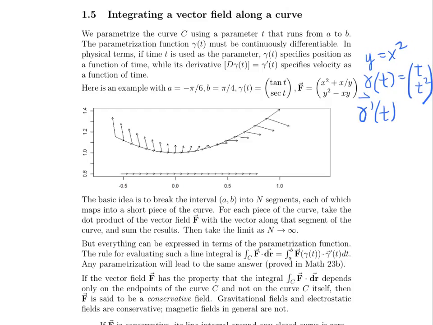So when we want to dot the vectors in the vector field with the direction of the curve to see if it's pointing in the same or the opposite direction, it's not gamma of t that we care about, it's gamma prime. But of course, to get to gamma prime, we have to go through gamma anyway. So the idea is we parameterize this curve using the parameterization gamma, then we find d gamma, or gamma prime, to specify the velocity or the direction of travel.